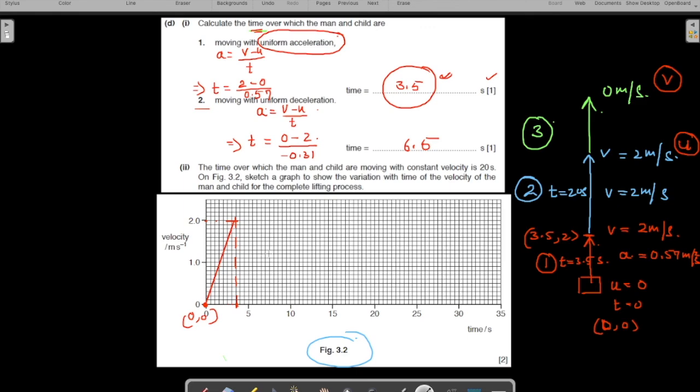It was a uniform acceleration, so it has to be a straight line. Uniform acceleration is represented by a straight line. And 3.5 onwards for the next how many seconds? 20 seconds. They were moving at a constant velocity of 2 meters per second. So what kind of a graph will you get for a constant velocity? A straight line. So 3.5 plus 20, what should be the next coordinate? 23.5 and 2.